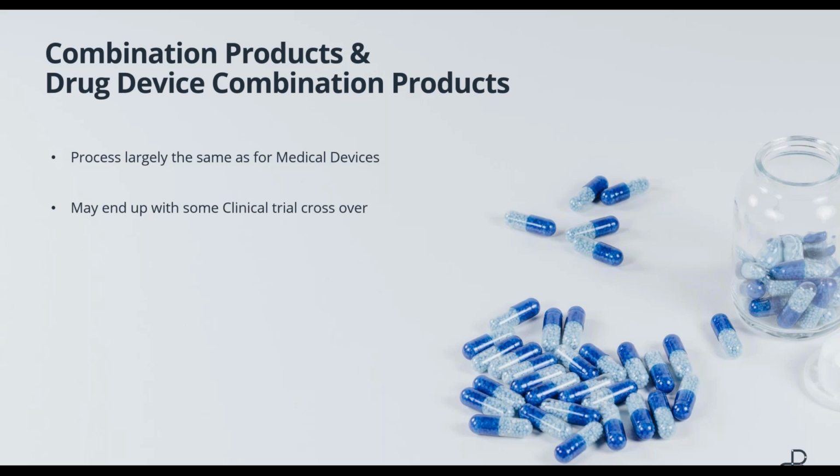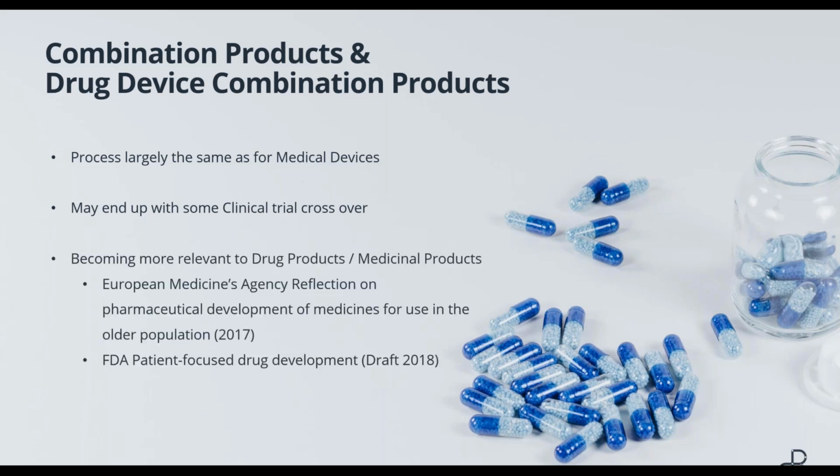It's becoming more relevant. So EMA, so the European Medicines Agency, released a reflection paper in 2017, which was around pharmaceutical development of medicines for use in the older population. And the FDA are currently working since 2018 on patient-focused drug development.